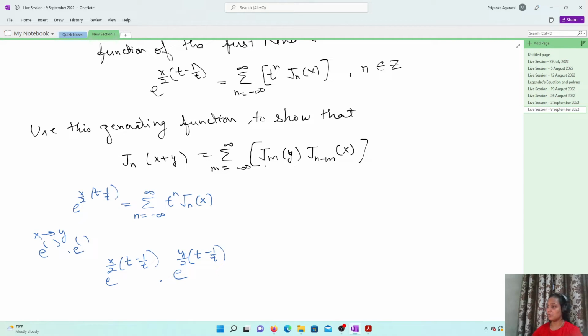See here, what we have to derive is some y function into some x function. So that is why with the generating function itself, we are once taking it with respect to x and then with respect to y and multiplying it.